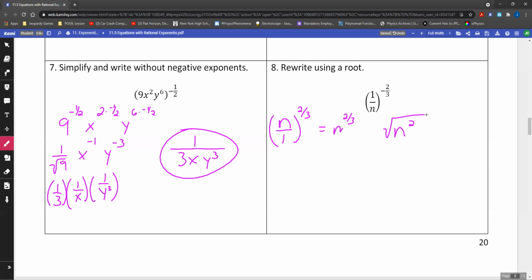And 3 is the root, so that goes on the outside. And there we go. Please make sure that you're careful with how you draw your root number. Make sure that you don't write it like this, because this is read something differently. So you want to keep the root number, the 3, small on top of the little shelf made by that radical.